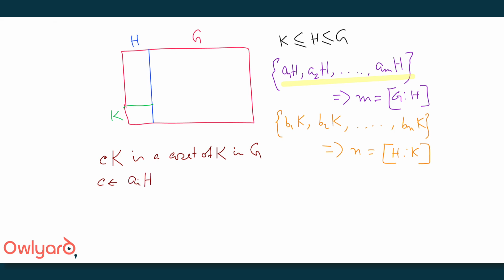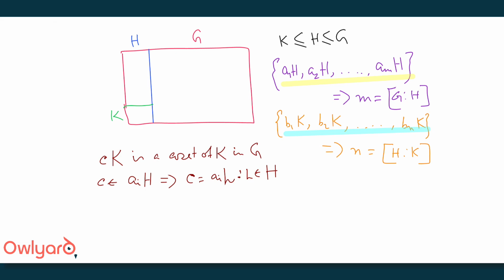Now, if that is true, then it implies that C must be written as AI times some h, where h belongs to the subgroup H. Now, the second part of the logic: if small h belongs to the subgroup H, then small h must belong to some coset of K in H, using similar logic.